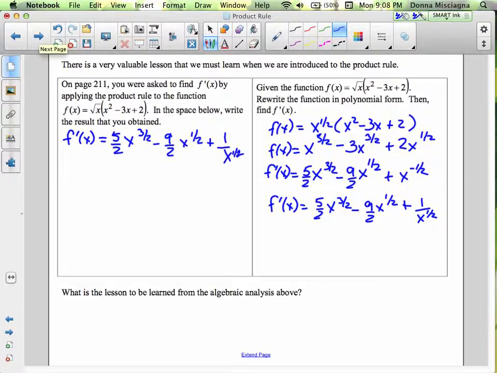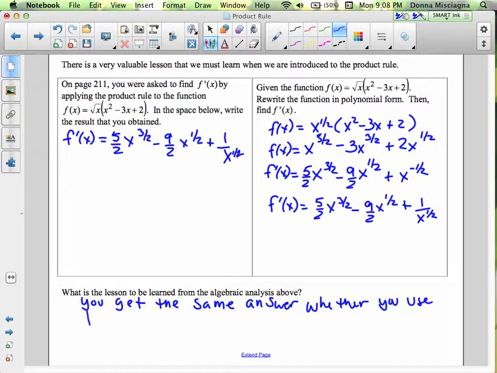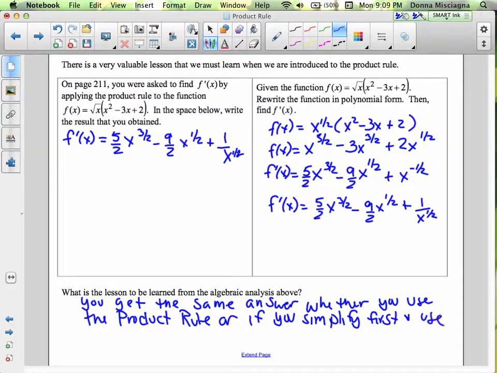So what was the lesson that we learned from the algebraic analysis? You get the same answer whether you use the product rule, given that you don't leave off a 1/2, or if you simplify first and use the power rule.